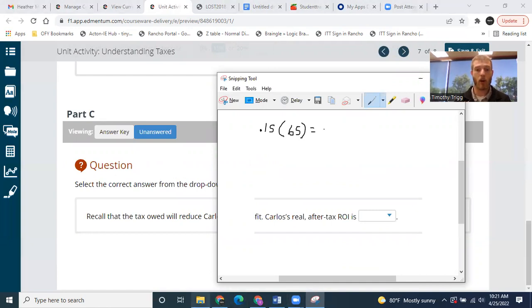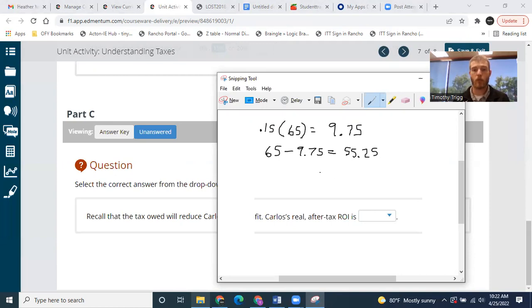He's going to have to pay $9.75 in tax. So the amount of money he actually got, he originally got 65, but he has to subtract off his tax: $65 minus $9.75 is $55.25. So that's what he's bringing home from his investment.